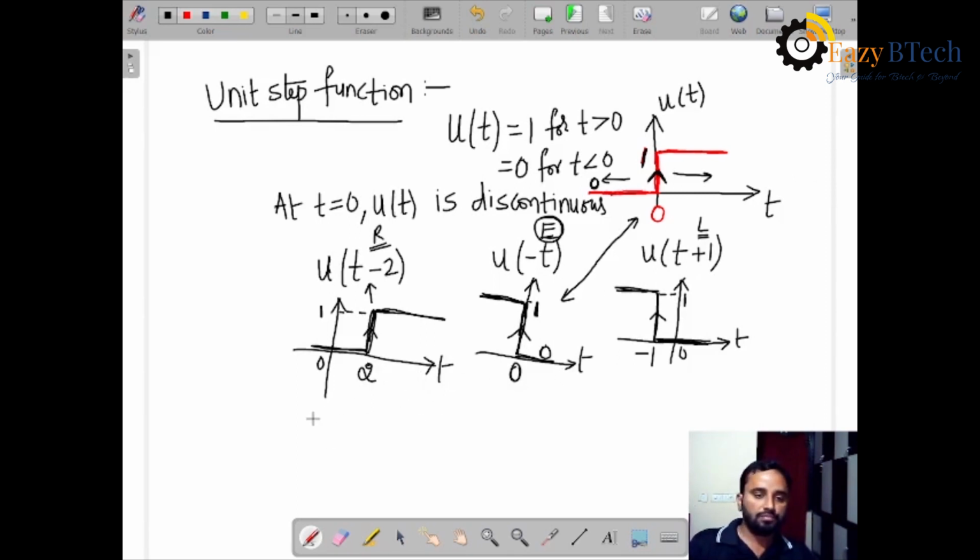Now I am going to write an important relation between the unit step function and the unit impulse function.